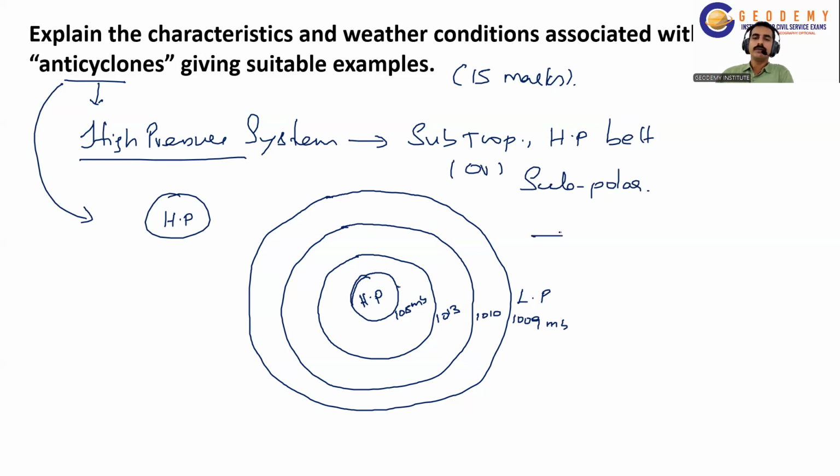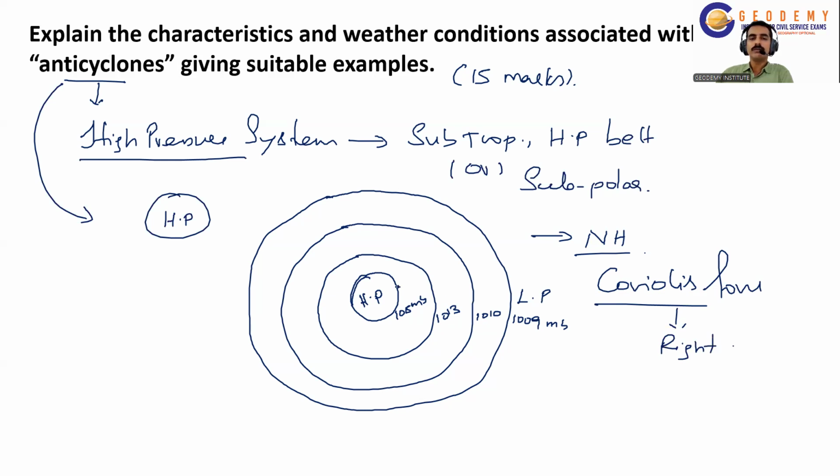Suppose it has formed over the northern hemisphere, due to Coriolis force, the wind will deflect to its right in the northern hemisphere and to the left in the southern hemisphere. From high pressure to low pressure the wind has to move in one direction, but due to the Coriolis force, the wind will flow like this.